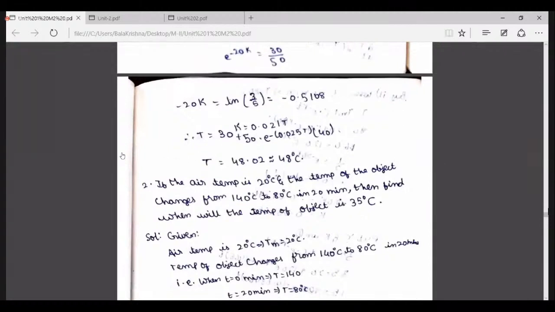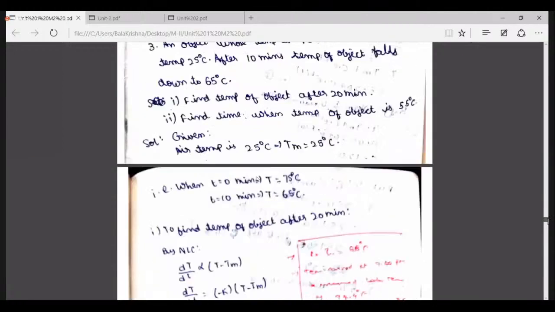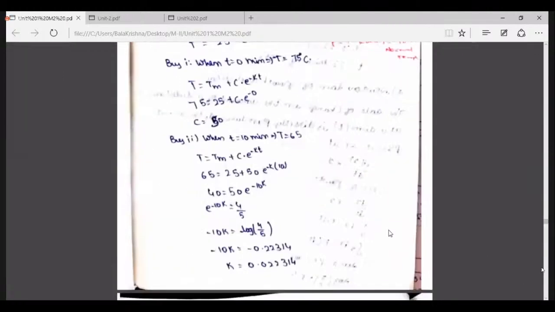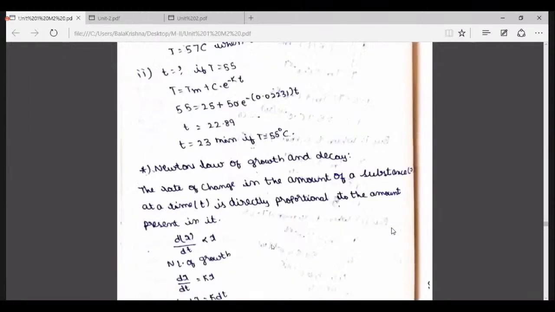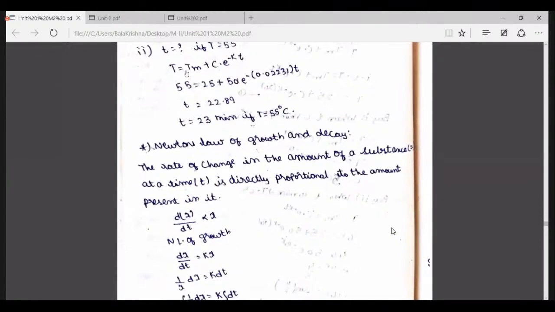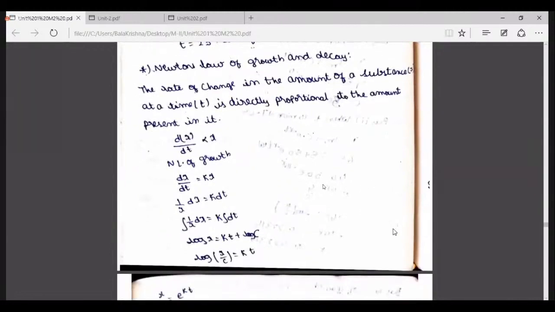Now let us see Newton's law of growth and decay. Here both are the same, so statements are very important. Newton's law of growth and decay: it is nothing but the rate of change in the amount.